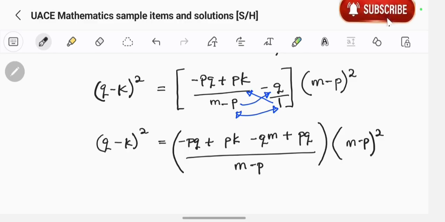When I cancel this with 1 square, I end up with m minus p.